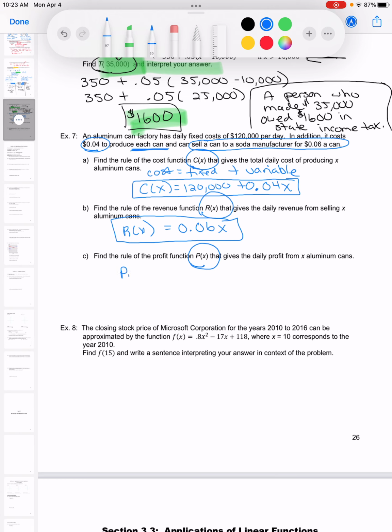And then last, we have our profit. So remember back that the profit is the revenue minus the cost. And we need to put cost in those parentheses. That was really important, and we practiced that a while ago. So P of X is equal to my revenue minus my cost function, 0.04. In those parentheses, I am going to keep going. Don't stop there. So I'm going to distribute that negative.